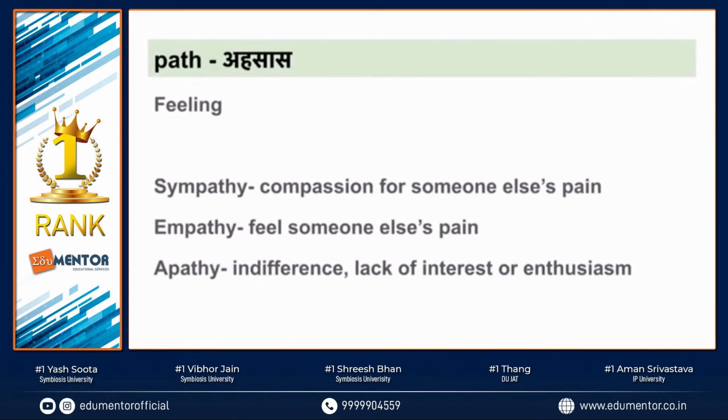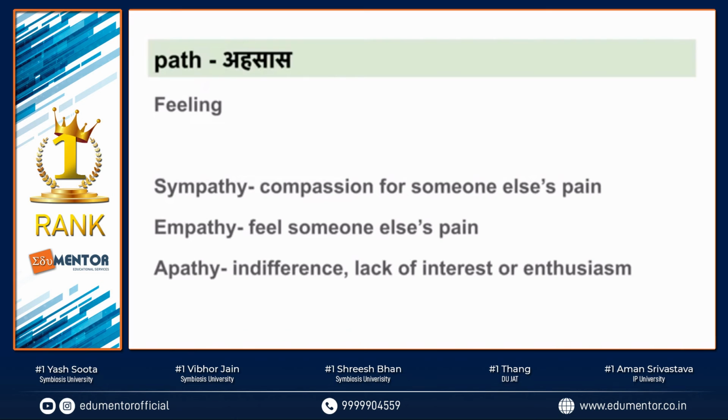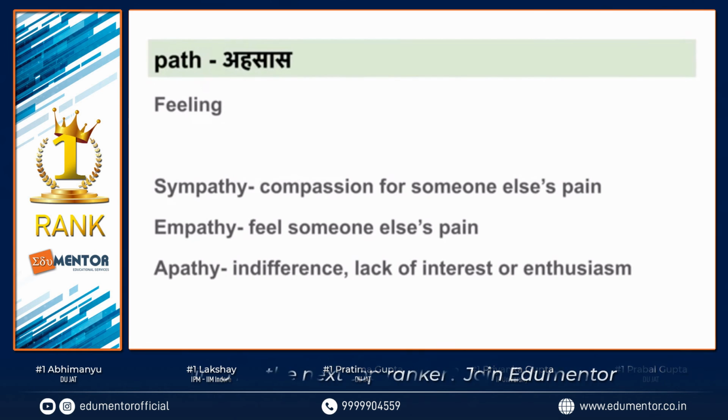Now, the path root word means feeling, right? We've already discussed this while looking at your verbal ability class assignment 1. The path root word means you have feelings, so it's associated with feelings. For example, you've got sympathy. Sympathy is when you have compassion for someone. You are trying to sympathize with someone.